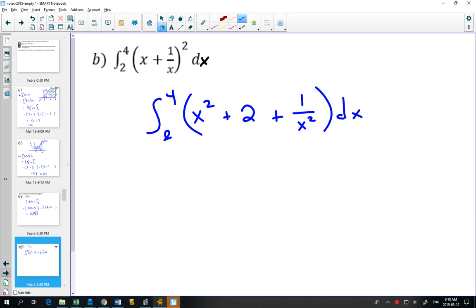Right? But the x times the 1 over x is going to be 1, and that's going to happen twice. Okay? And now we can integrate, so put our square brackets from 2 to 4. This will be x cubed over 3 plus 2x plus, this is x to the minus 2, so adding 1 to that and dividing.